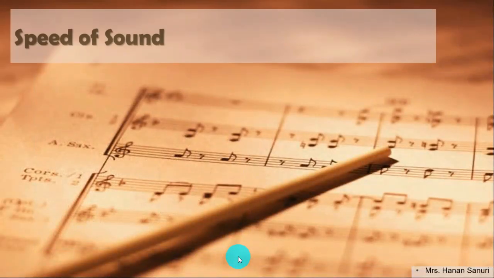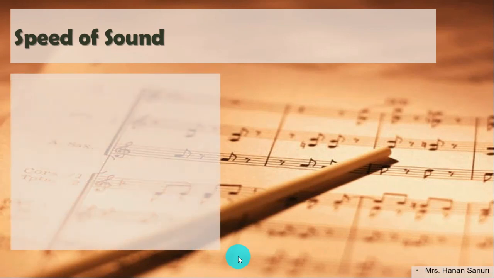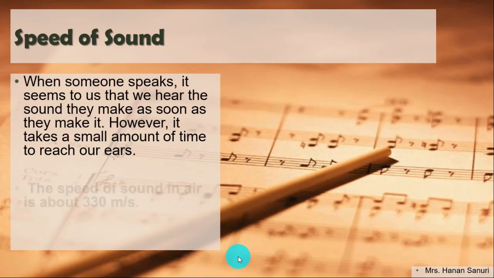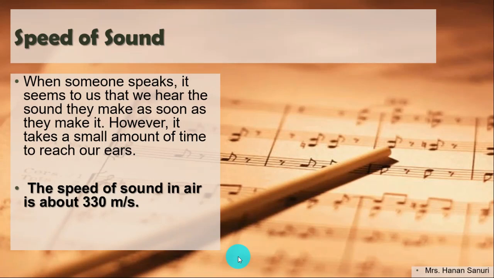Let's continue. We want to talk now about speed of sound. When someone speaks, it seems to us that we hear the sound they make as soon as they make it. However, it takes a small amount of time to reach our ears. Why?